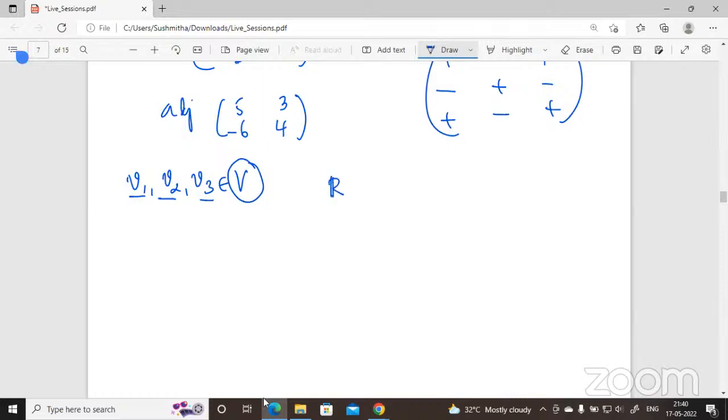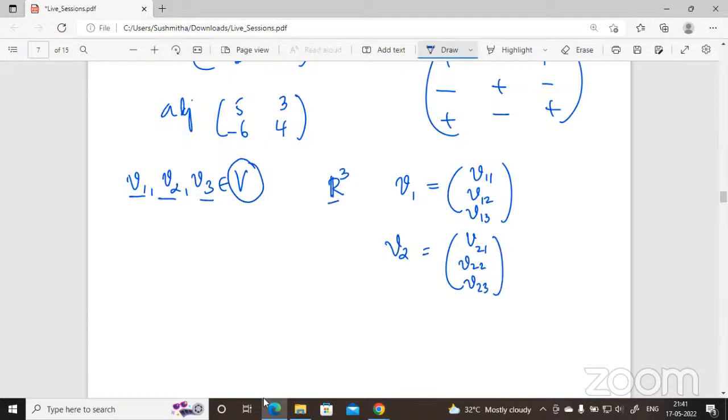Suppose we take R cubed vector space. V1 is an element which has 3 entries. V2 is an element which has 3 entries. 3 components, because it's R3. If it was R2, it would have 2 components. In R5, it has 5 components.